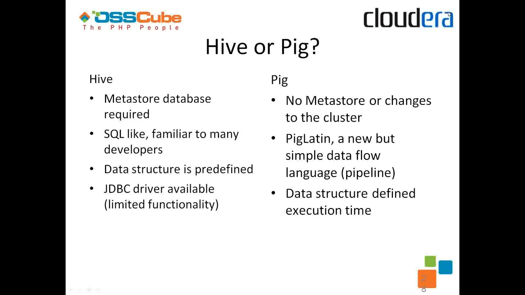Hive, you can access using JDBC. Again, you need to be very careful that it's not an RDBMS, and it will have very, very limited functionality implemented, but it allows you to do that. Pig, no JDBC driver as such.